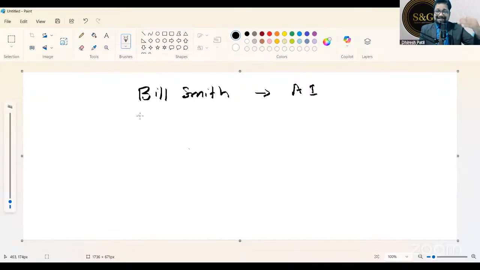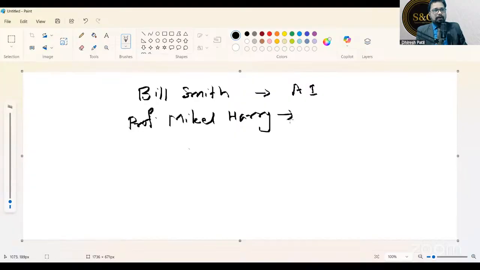Then came the successor of Bill Smith, Professor Michael Harry. In our DMAIC framework, we have define, measure, analyze, improve, and control.